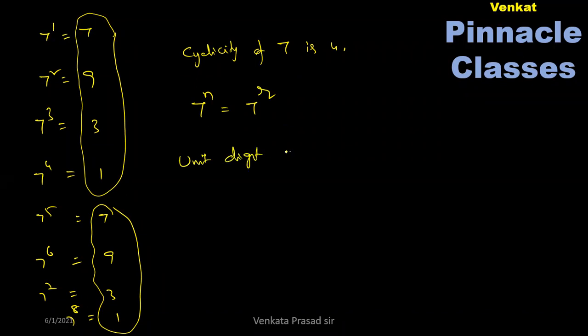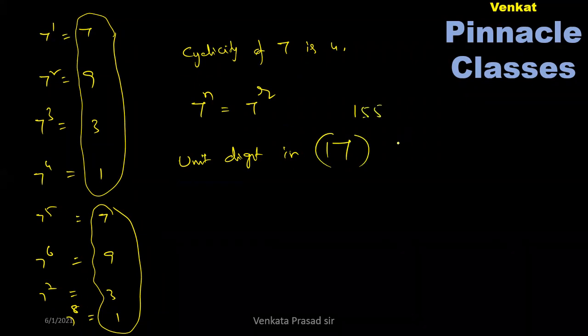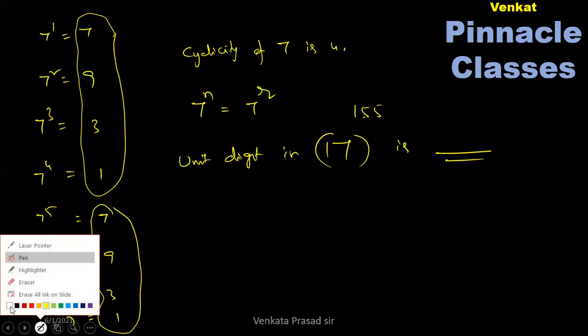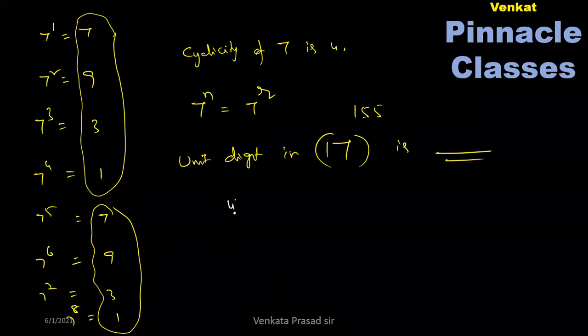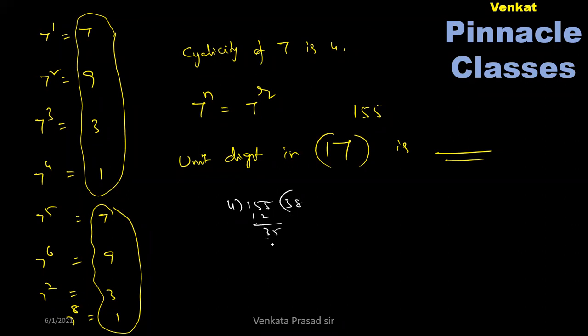Unit digit in 17 power 155 is how much, anyone? So first of all, find out what is the remainder. Remainder is how much? 3.